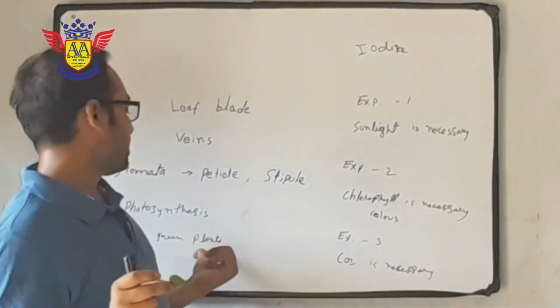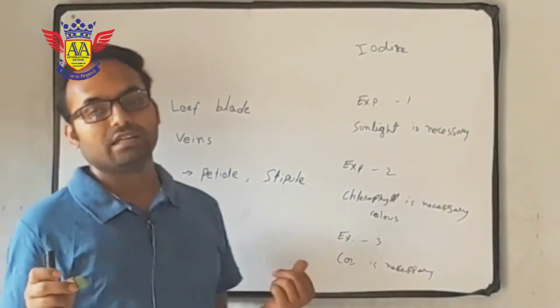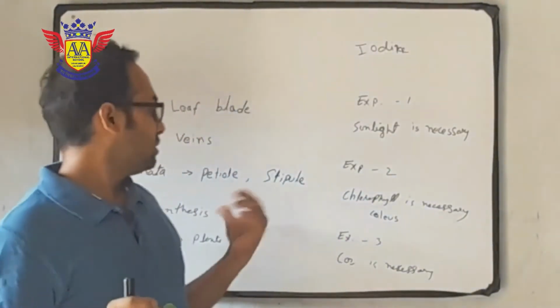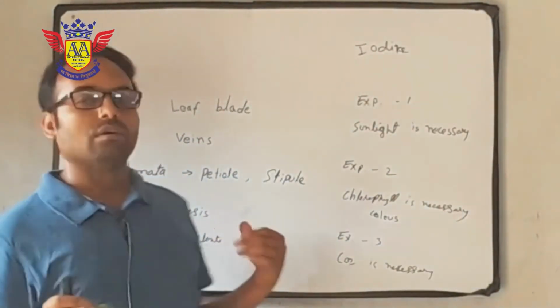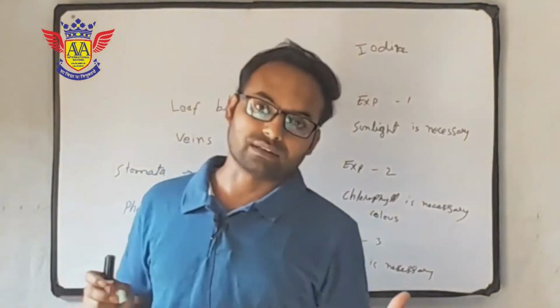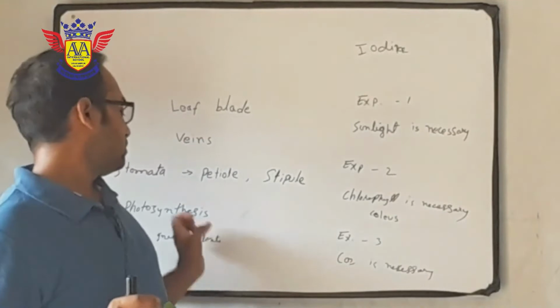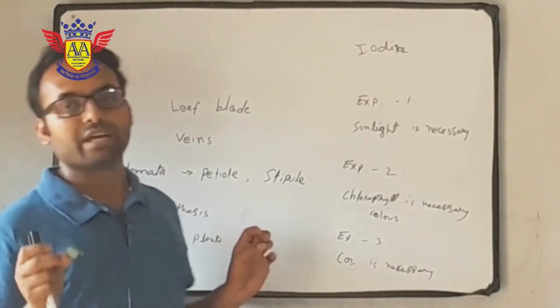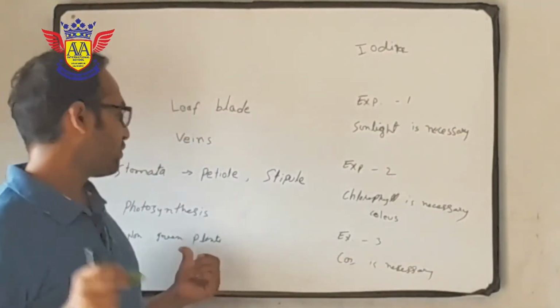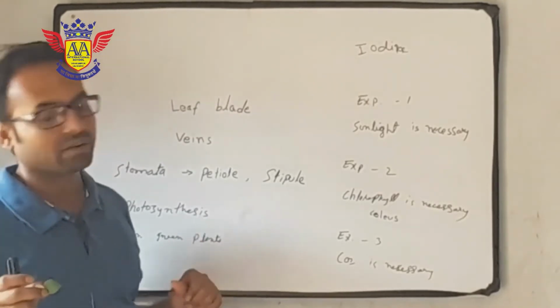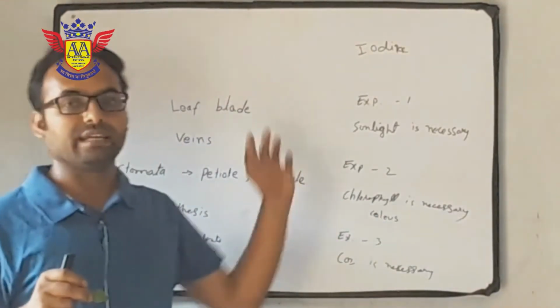So non-green plants have no chlorophyll, they don't make their own food, like mushroom. They grow on dead and decaying matter, so these are heterotrophs. Those plants that don't have chlorophyll are called non-green plants. Okay, we have studied all that.